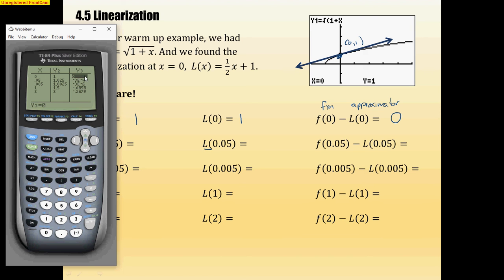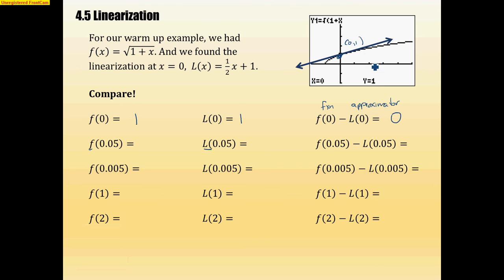The function value minus the linearization is exact at the point of tangency. That number is -3 times 10 to the -4, -3 times 10 to the -6, super small, -0.08-ish, -0.26-ish. So you hopefully see that the error is getting bigger the farther I get away from the point of tangency.